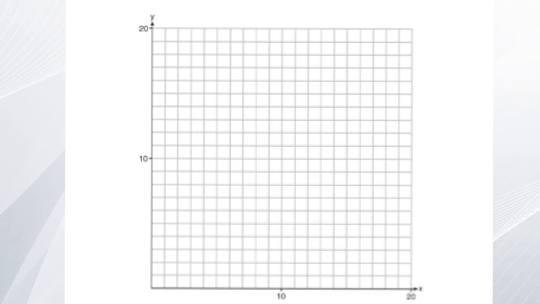So let's start off with negative 1/2 x plus 10. That means our y-intercept is at 10, and our slope is negative 1/2, meaning we're going to go down 1 and 2 to the right. So there, there, and so on.